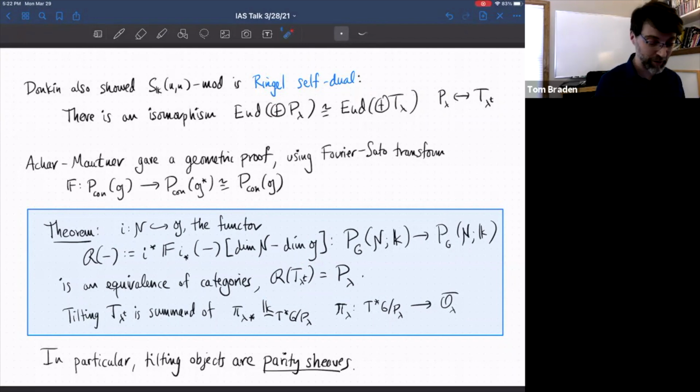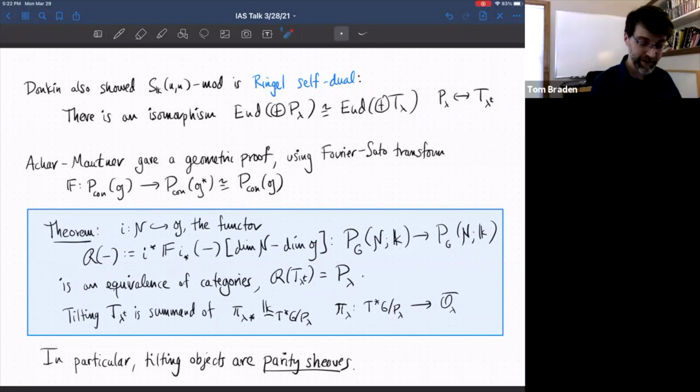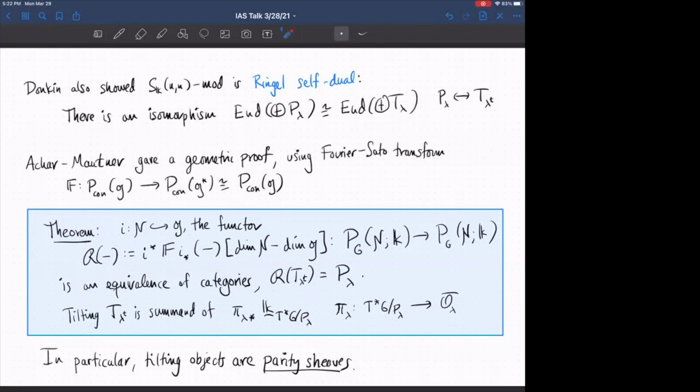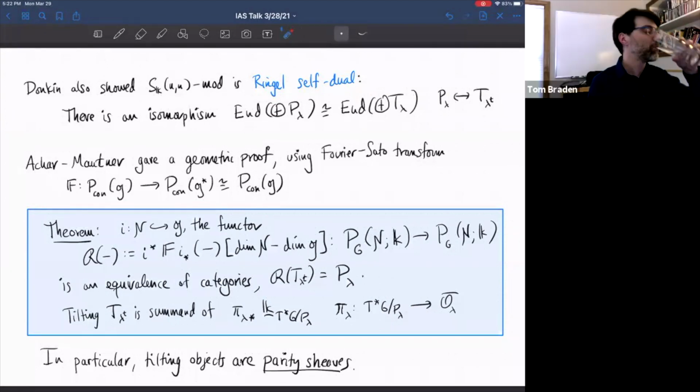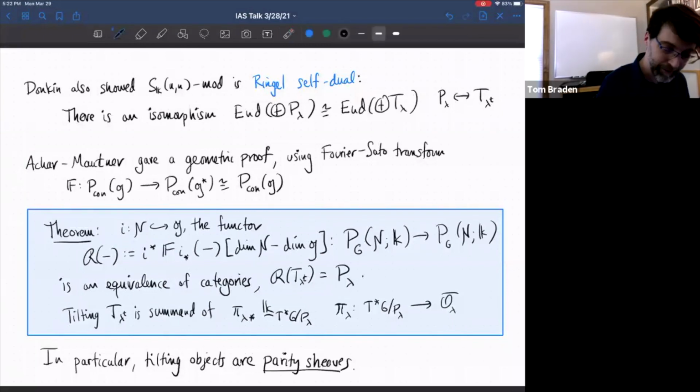It does preserve perversity, and it ends up being an equivalence of categories, and it takes a tilting sheaf to a projective sheaf. Sorry, Tom, this isn't quite right, I don't think. Did I get it backwards? Yeah, so we show that it's an equivalence of derived categories. Okay. It's not t-exact, but it does take the tiltings to the projectives. Okay, sorry. Okay, thank you.